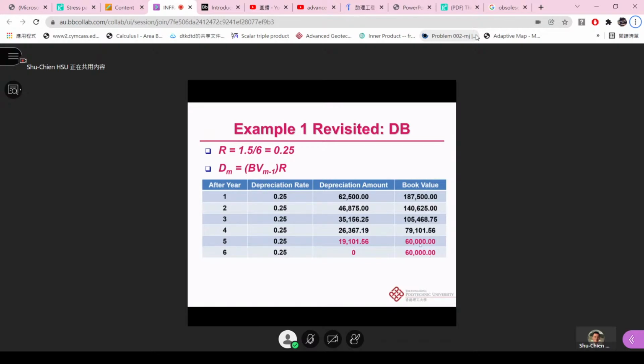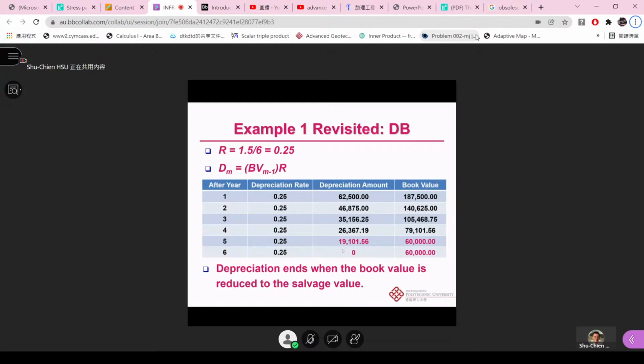Because we need to keep the end book value as the salvage value, which is 60,000 in this example. So this refers to what Michael just asked. The salvage value should be equal to the end book value. So the depreciation ends just when the book value is reduced to the salvage value. That is why you can also see that the depreciation amount for year 6 is 0.